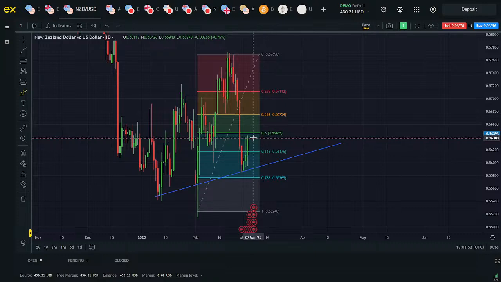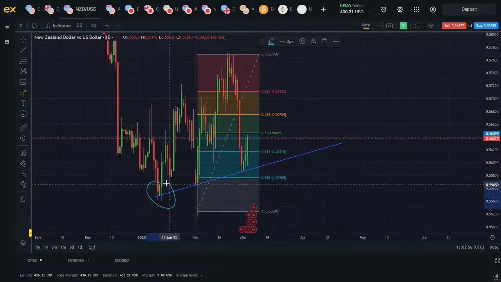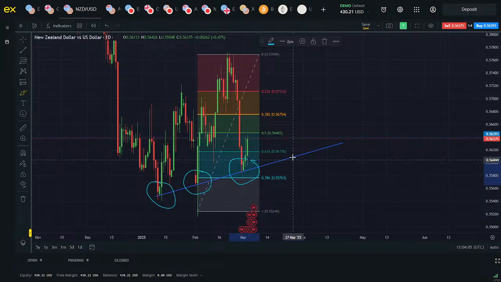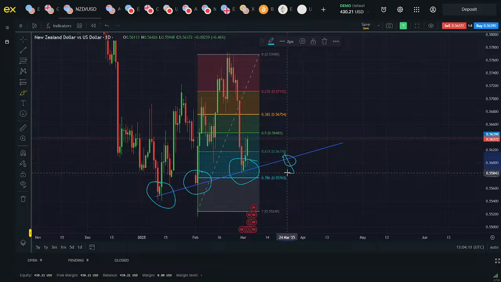So this was the third time. The first time was at this very point, this was the second time when market reacted, and this is the third time. And if the fourth time the market comes at this very point, then there are very high chances that market might break it on the lower time frame as well.